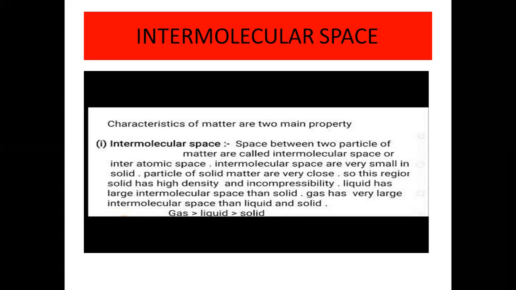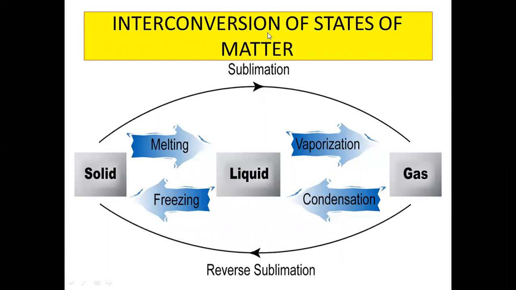Now let us learn about interconversion of these states of matter. I think by the diagram it is clearly understood that I can convert solid to liquid and liquid to gas. But how does the conversion take place? The arrow indicates that I can even convert solid directly to gas and gas to solid, right? I will explain each and everything on this slide to you, my dear students.